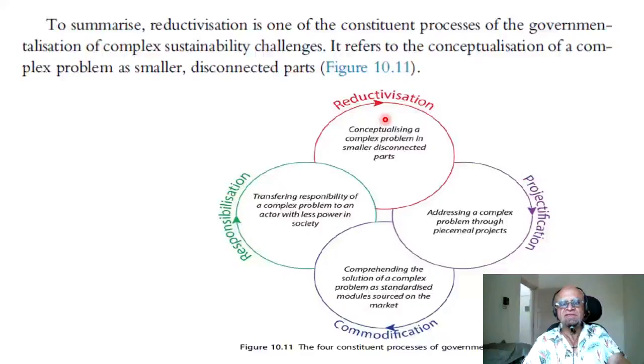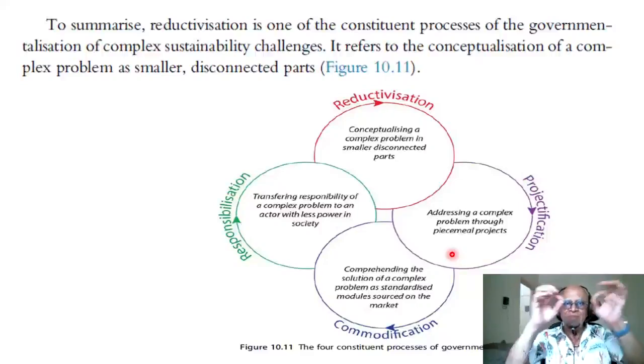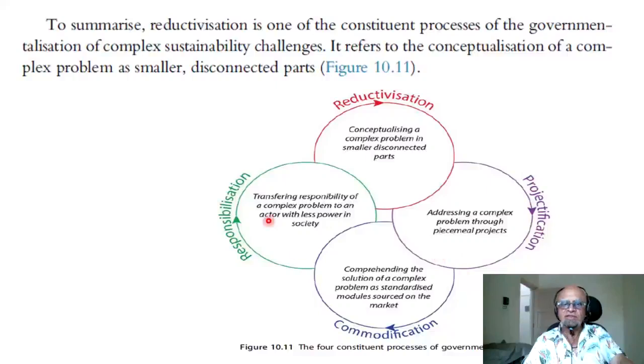Obviously reductivism always means you're taking a complex problem and somehow simplifying it to make it understandable, explainable, and ultimately governable in this context. In projectification, we're addressing a complex problem through piecemeal projects. So you divide the problem into projects that will add up to the whole once they're all coming together. So there is obviously synergy and integration.